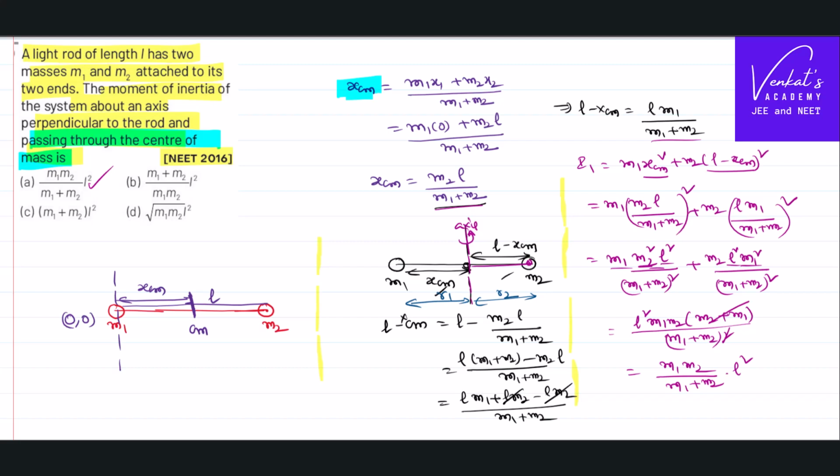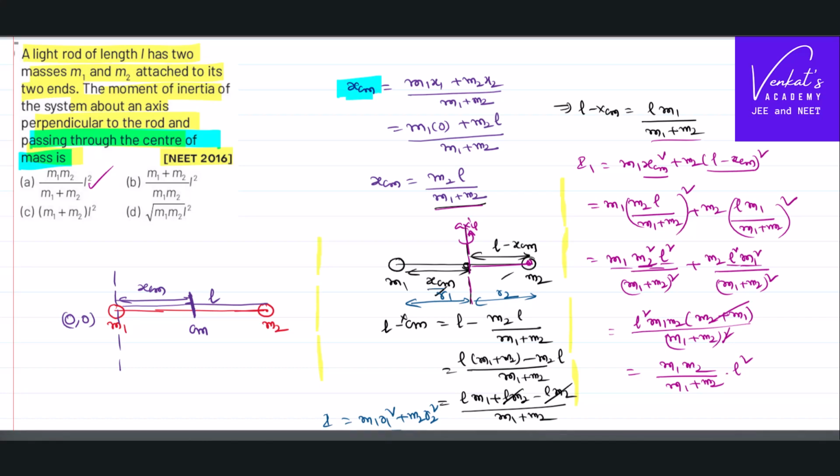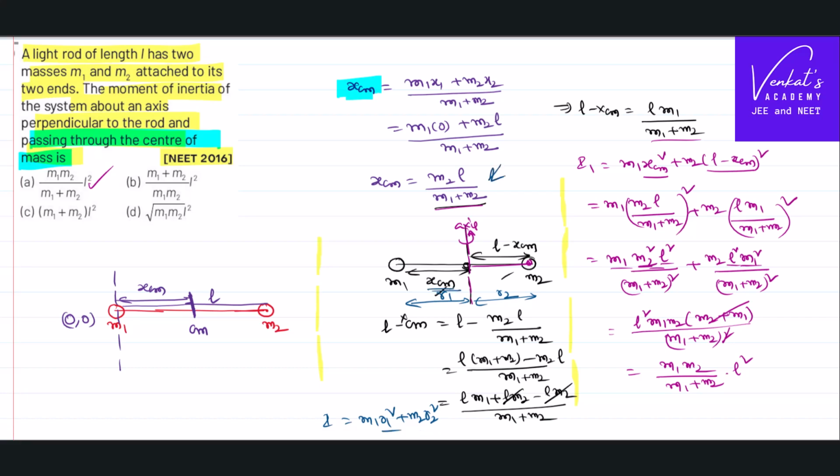So the moment of inertia is m1 r1 square plus m2 r2 square. r1 is nothing but XCM, which we have calculated. r2 is nothing but L minus XCM, which we have calculated. Then I substituted in this formula and simplified to get the answer. That's how we get the moment of inertia of this problem.